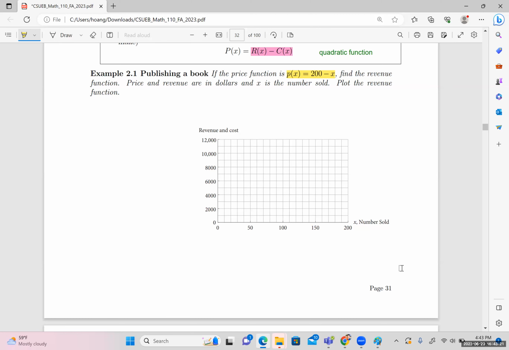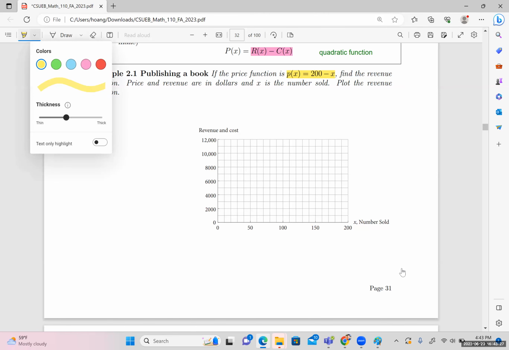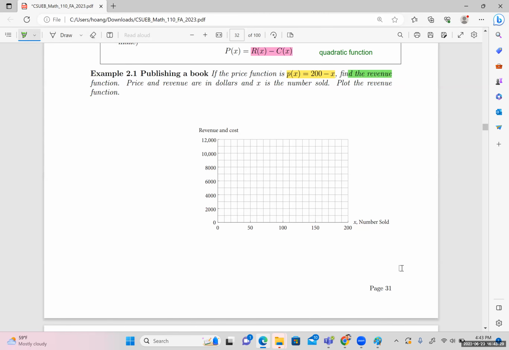So then we want you to plot. Let me see. Find the revenue function and then plot the revenue function.